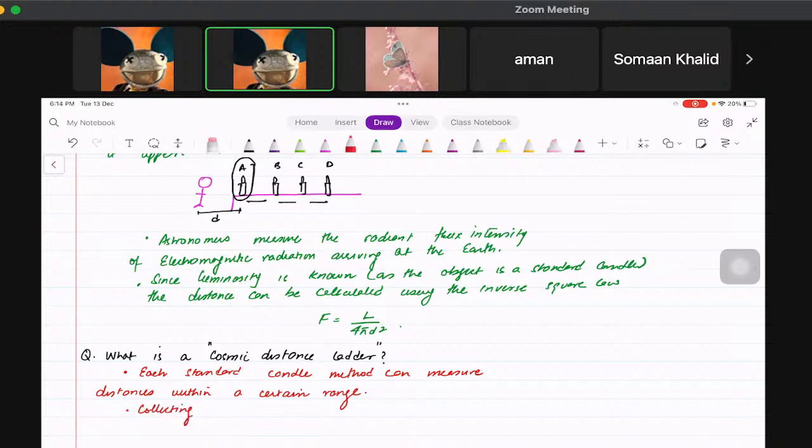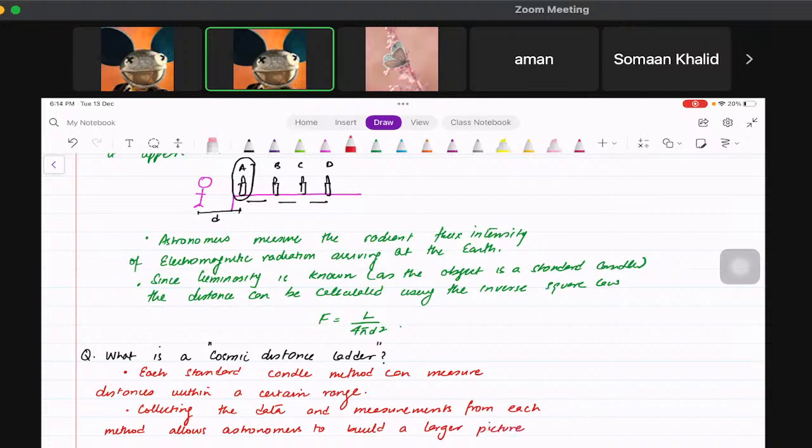Collecting the data and measurements from each method allows astronomers to build a larger picture of the scale of the universe, right?